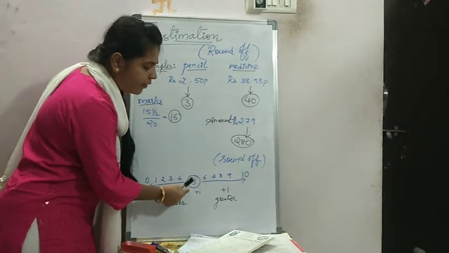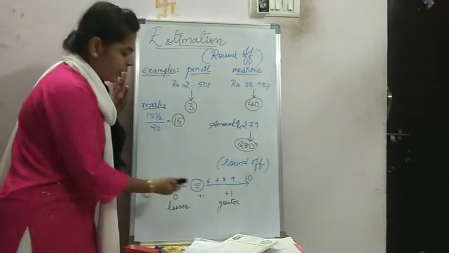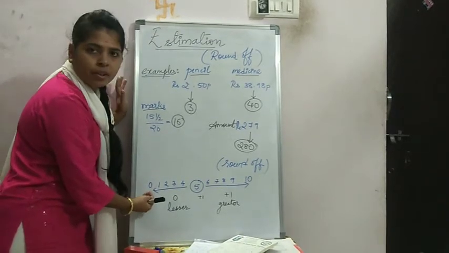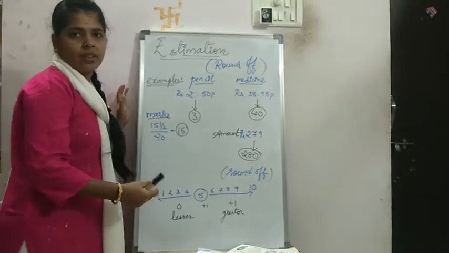So if it is 5, again you round up to 10, the next forward value. If it is below that, it goes backward to the 0 value, the lesser value. Okay, we'll see those rules here.